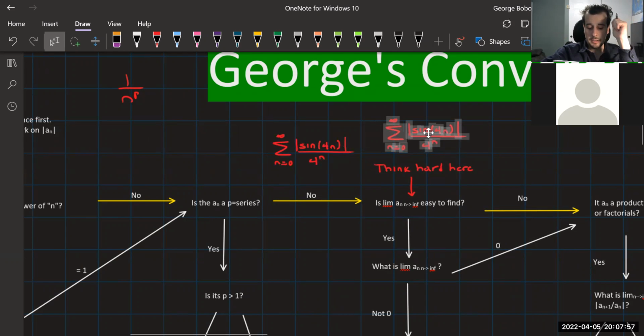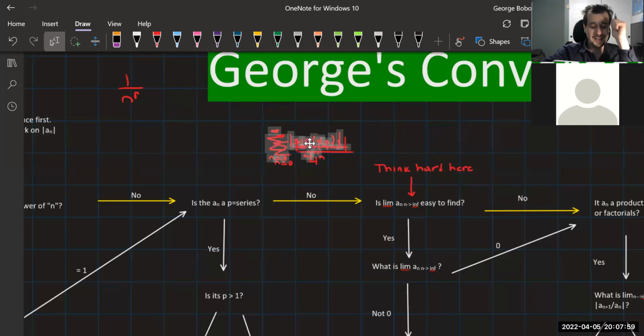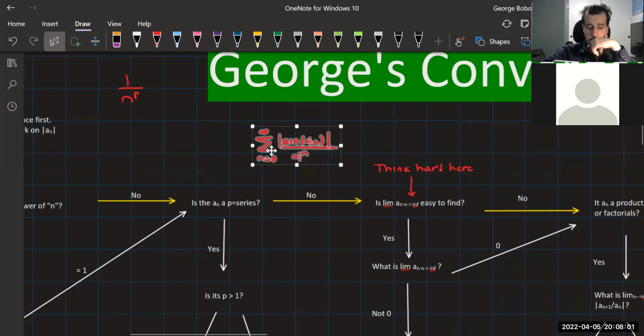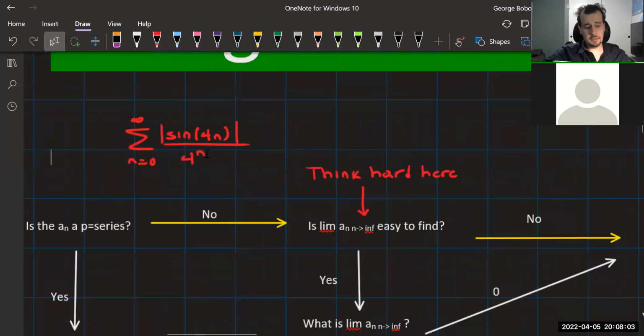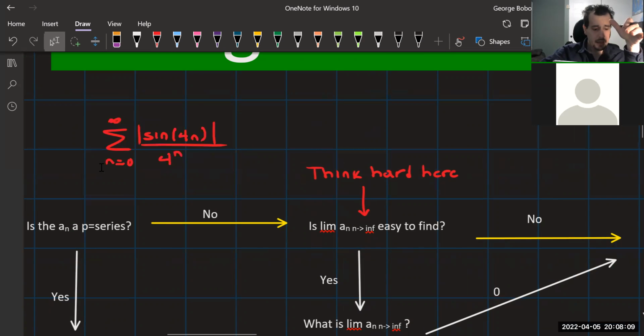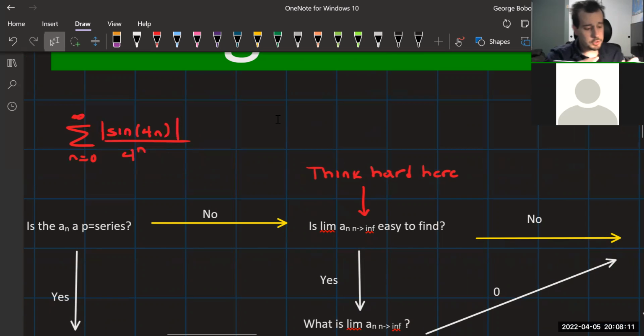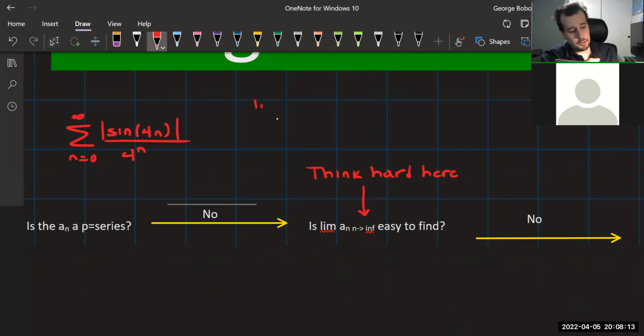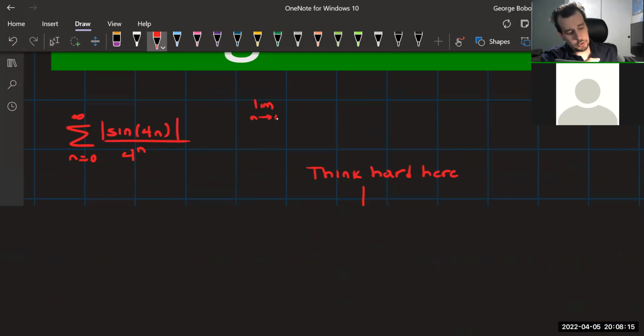Is the limit as n goes to infinity easy to find? So let's think about that. Does the limit even exist here? It does. You can use the squeeze theorem here. If you use the squeeze theorem, you'll have the limit as n goes to infinity of 1 over 4 to the n on one side.